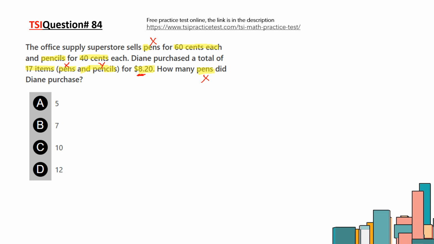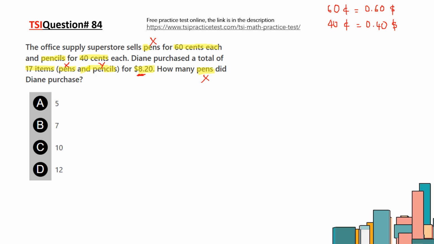If it's in dollars, 60 cents will be $0.60, or 40 cents, you can convert into $0.40.